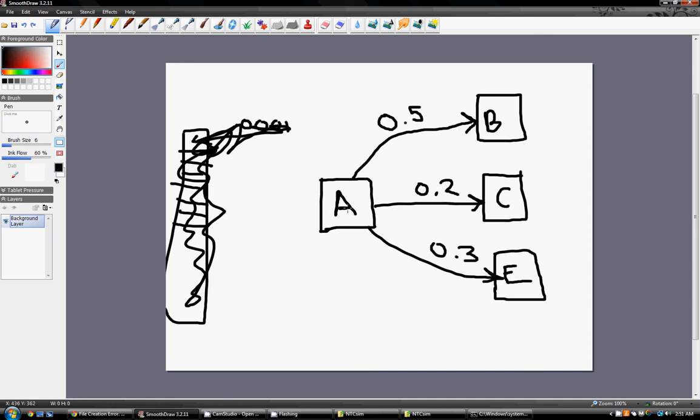So we know the number of trips from A, and we say, okay, half of them go to B based on the cost of getting to B and the value of B. 20% of them go to C based on the cost of getting to C and the value of C. 30% of them go to E based on the value of E as a destination and the cost of getting to E.